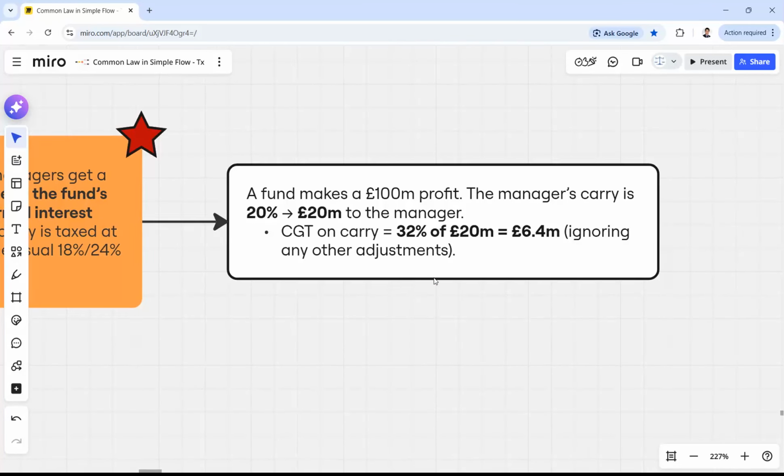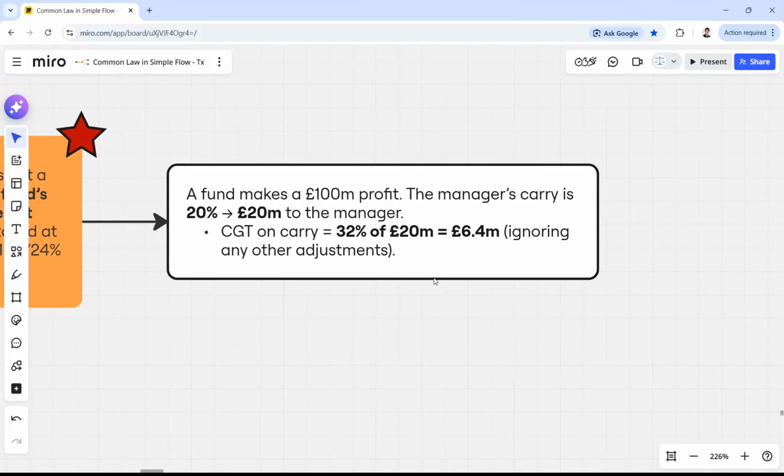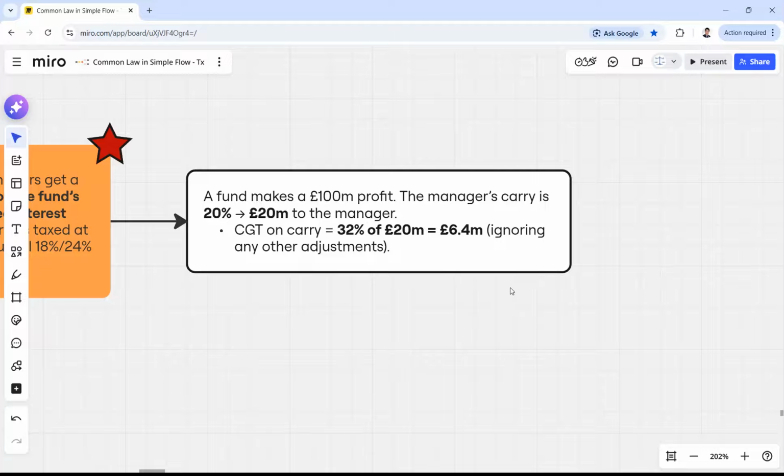A fund makes 100 million profit. The manager's carry is 20%, which is 20 million to the manager. The manager gets 20% of the slice, and it's just an example. This 20% could be anything, 10, 15, I don't know.